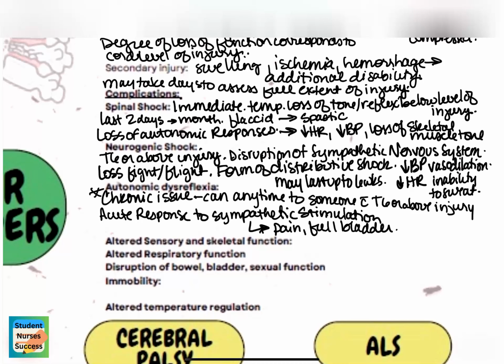The thing about autonomic dysreflexia is that it needs to be treated right away. Patients will develop a sudden increase in blood pressure, headache, flushing, maybe bradycardia.